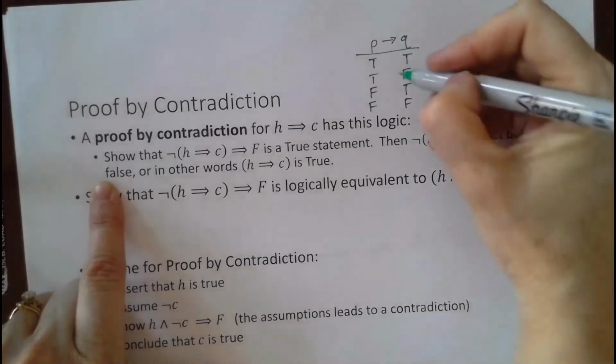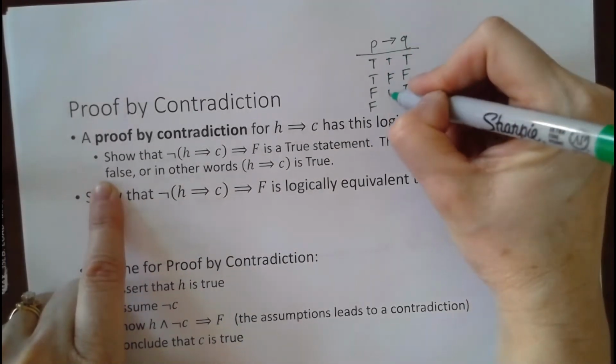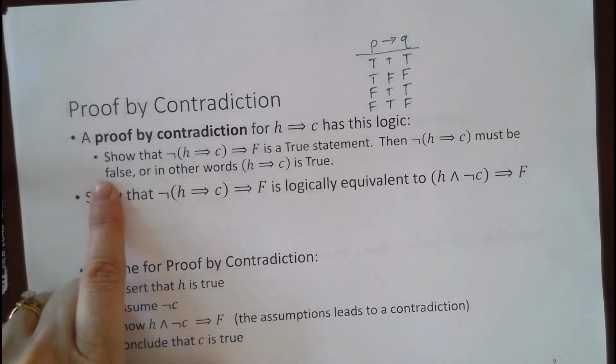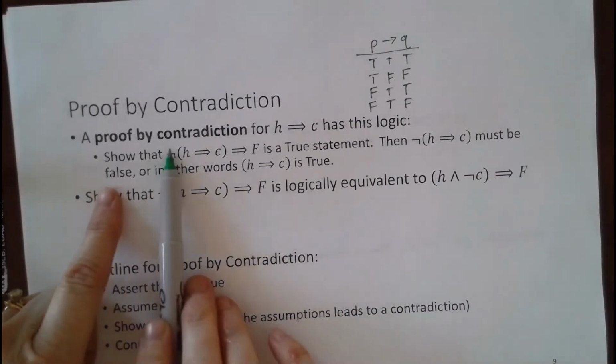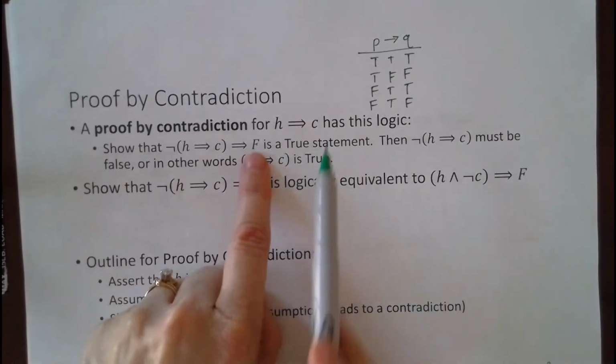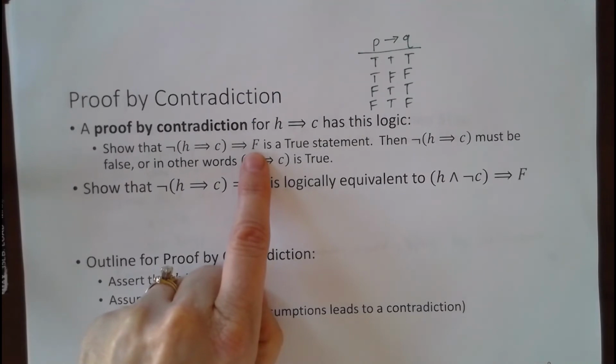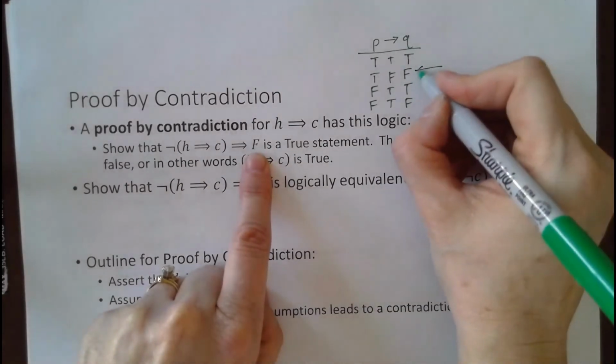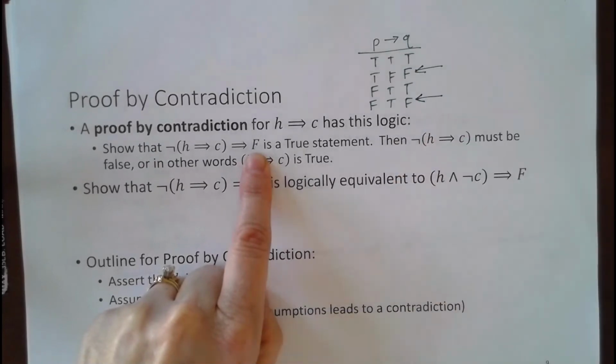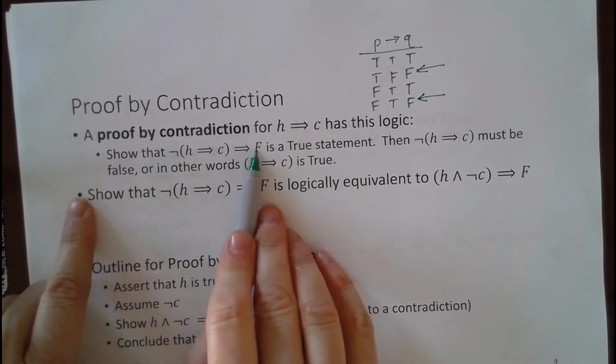This is the only false, all the rest of them are true, right? So, if I look at an implication and I know that the conclusion is false, that happens twice. That happens here and that happens here. All right, but I tell you that definitely this implication is true.